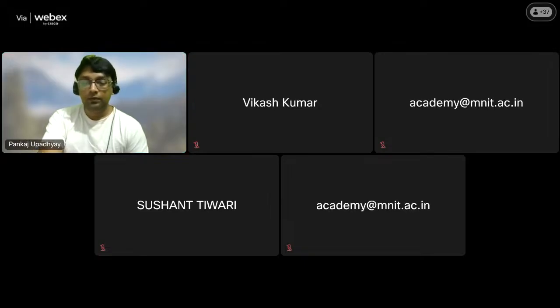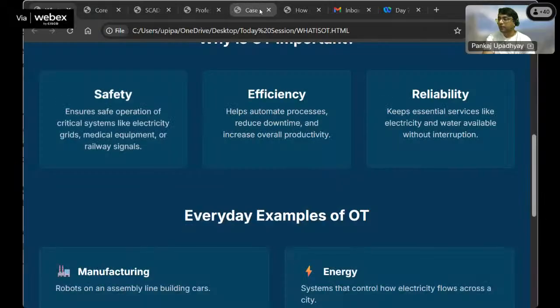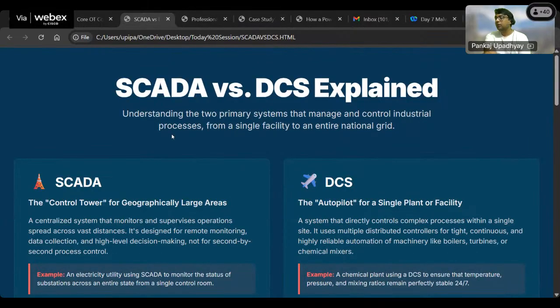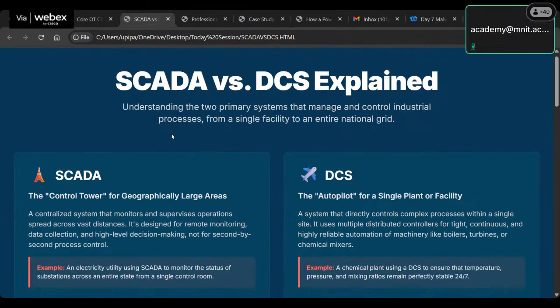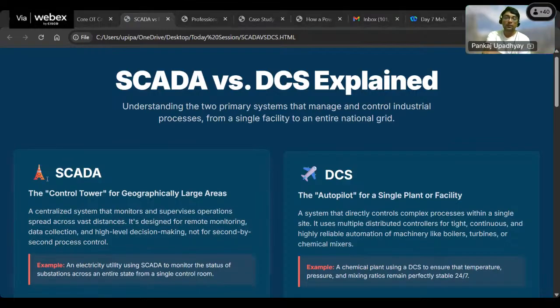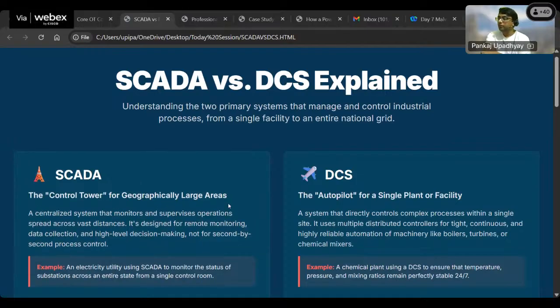Anyone? No one is responding. Is my screen visible? Yes, sir, it is. Virender Thakkar has raised their hand. What's the question? Okay. Thank you. Thanks, Jyoti.